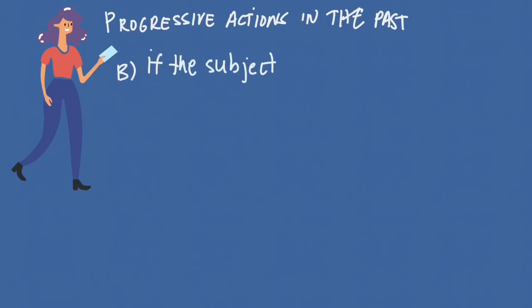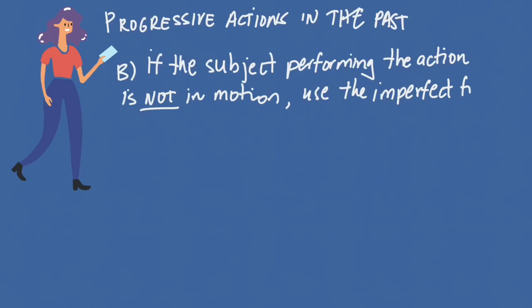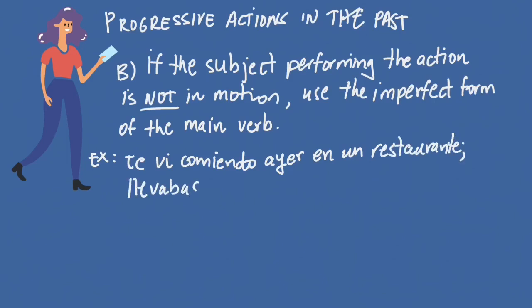And the second thing to look into progressive actions in the past is if the subject performing the action is not in motion, we use the imperfect form of the main verb. So for example, te vi comiendo ayer en un restaurante. Llevabas un vestido azul.